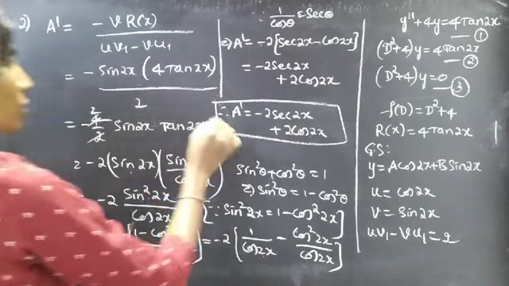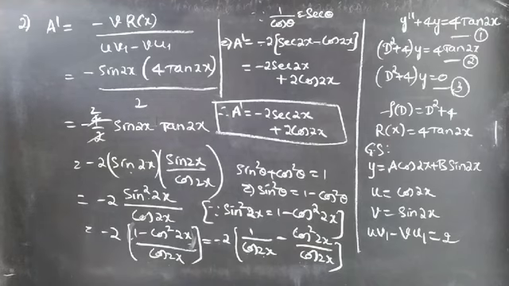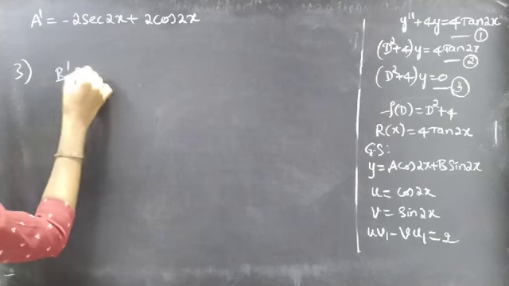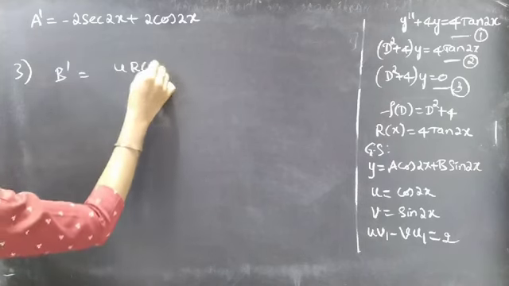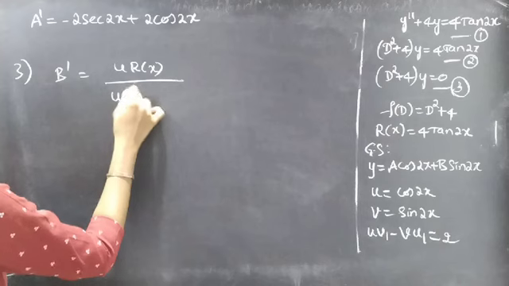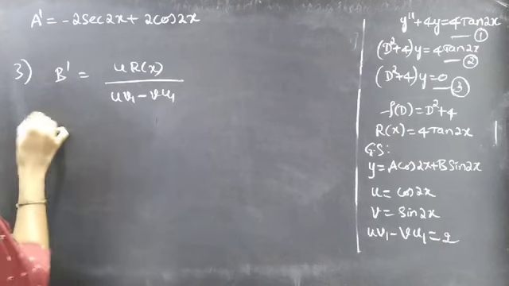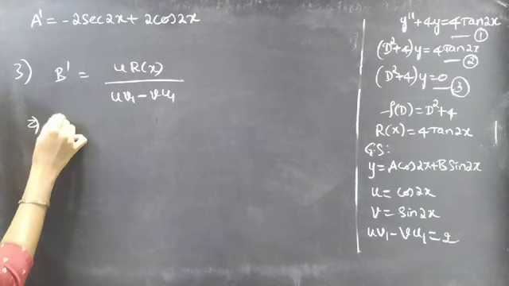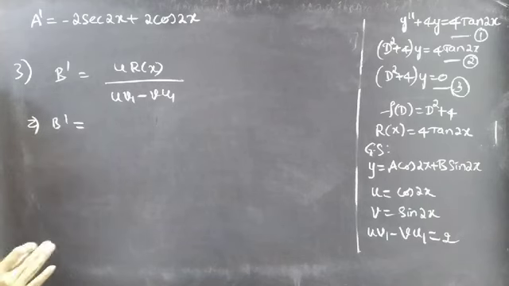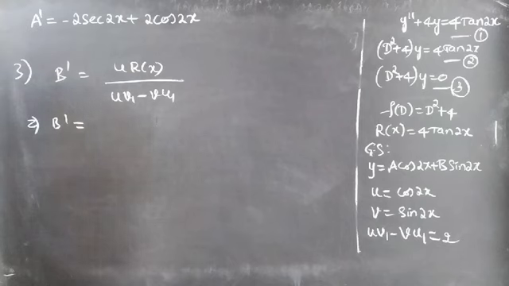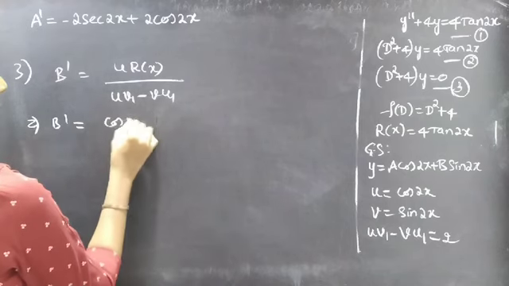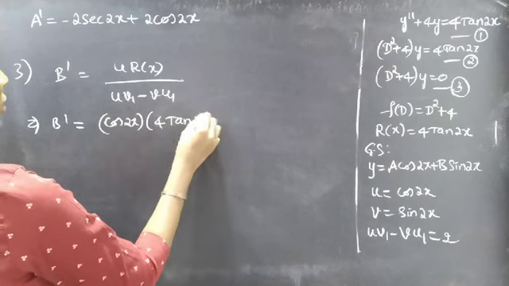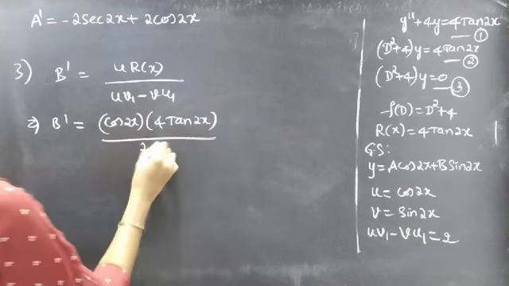Let's now find b dash. We can find b dash using u into r of x by uv1 minus vu1. B dash equals u, cos 2x, into r of x, which is 4 tan 2x, by uv1 minus vu1, which is 2.